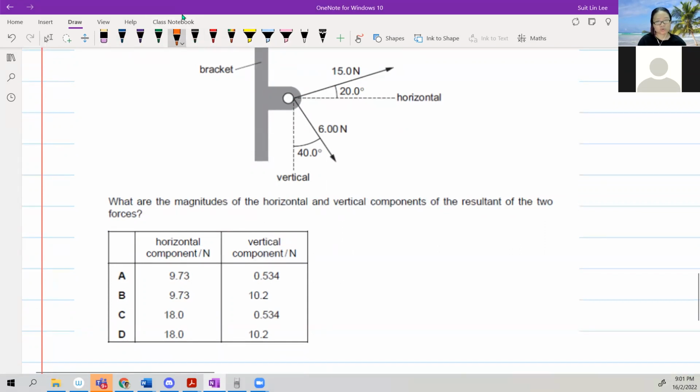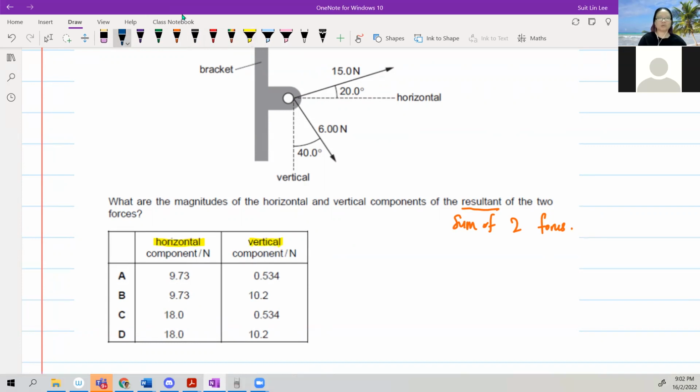Okay. Resultant force means the sum of two forces, or basically, we are trying to combine them. And they want you to separate out the horizontal and the vertical.